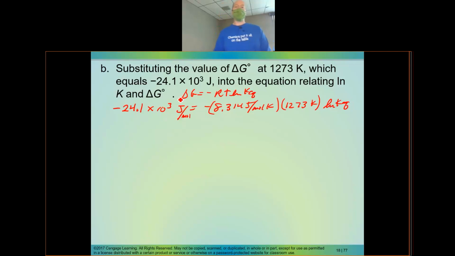All right, and so then you divide negative 8.314 and 1,273 on both sides. And you get 2.277.